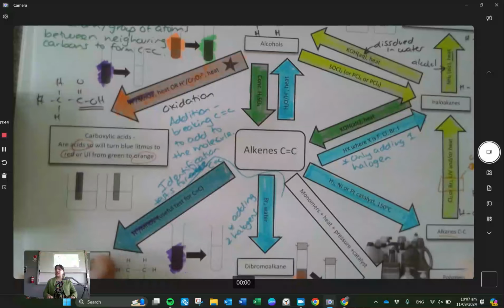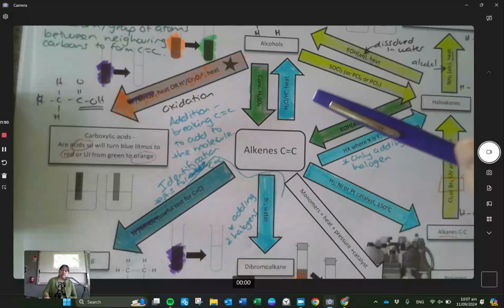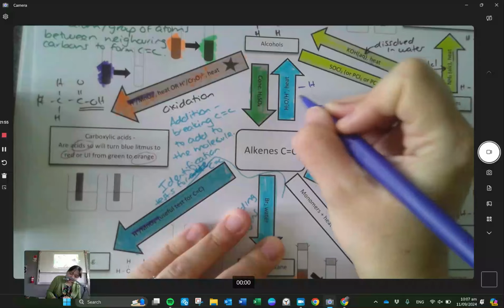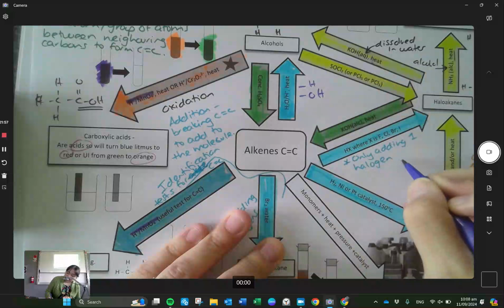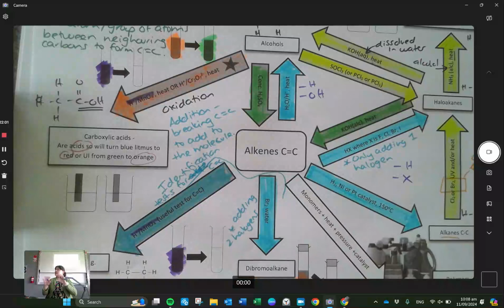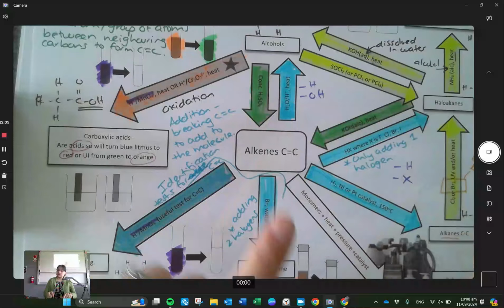The other thing to keep in mind is that Markovnikov's rule only applies when you're adding 2 different things to the organic molecule. So when I'm looking at Markovnikov's rule, it's going to be this one here, because in this case I can add a hydrogen and an OH, and in this one here you're adding a halogen and the hydrogen. So this is 2 different things being added to it. So both of those will need Markovnikov's rule.